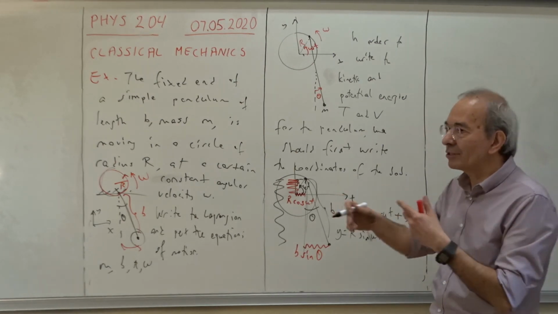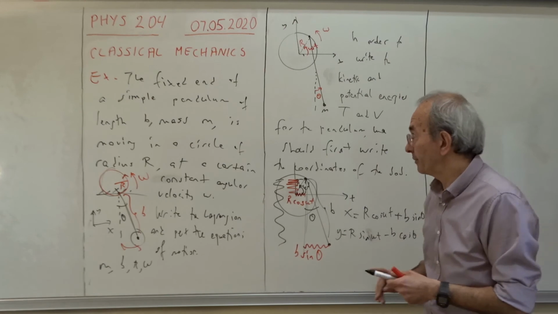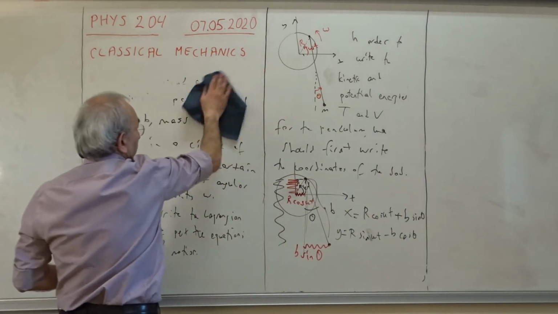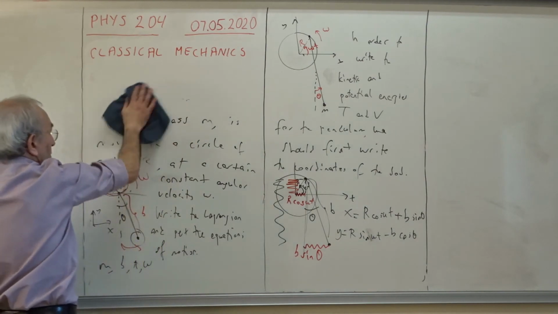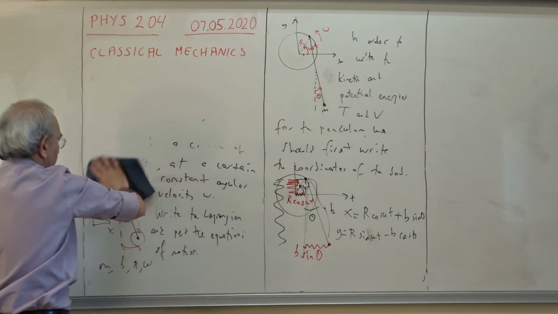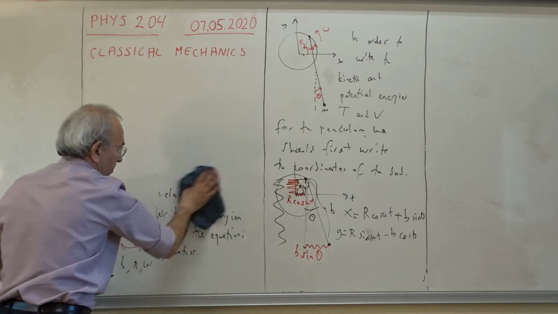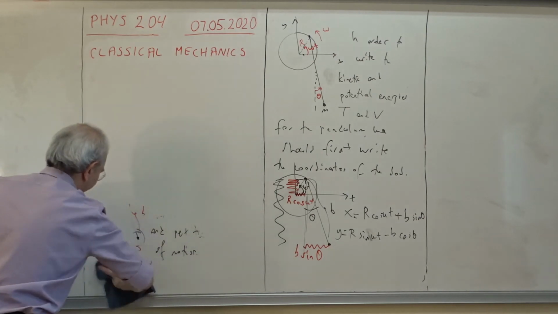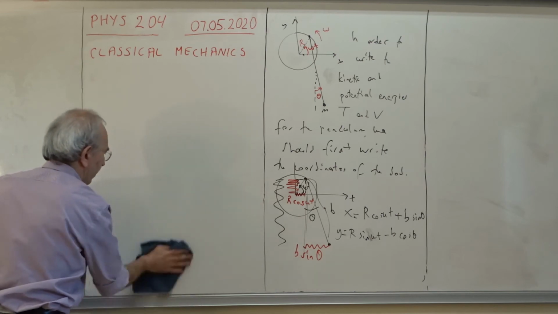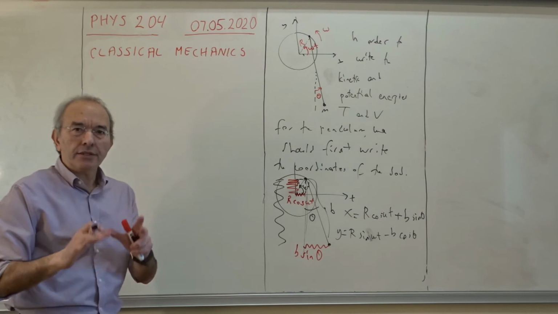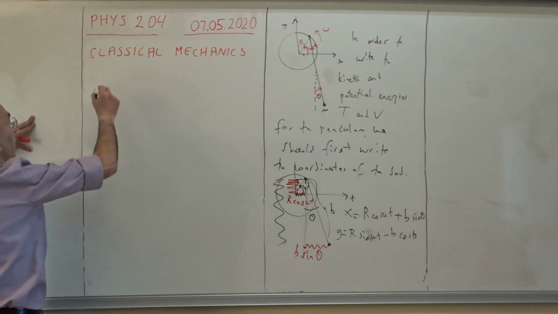Now we will take x dot, y dot for the velocity, etc. Let's go very slowly and step by step.